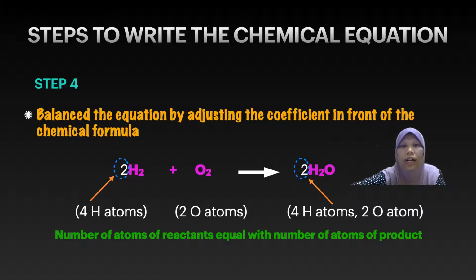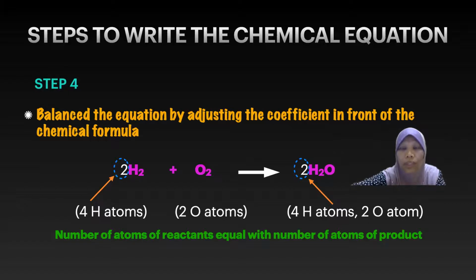So the first step is you put number 2 in front of water: 2H2O. When you put 2 in front of H2O, you will get 4 hydrogen atoms and 2 oxygen atoms.